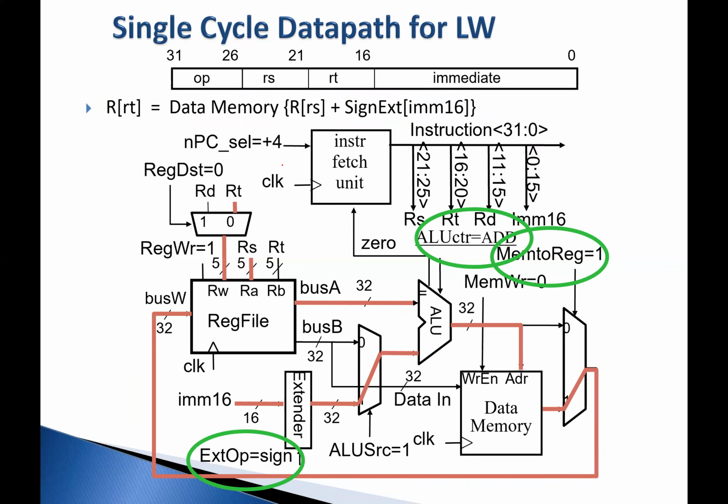Okay, so you have sign extension, the source is 1, and you have add, you have memory to register, you have memory write turned off, and then you have register write turned on, destination is 0, and your next PC is +4. Okay.